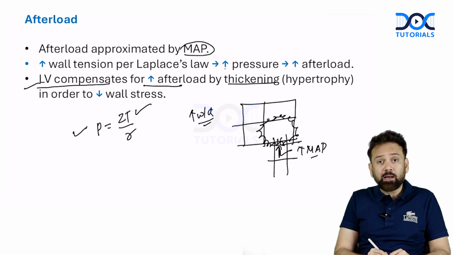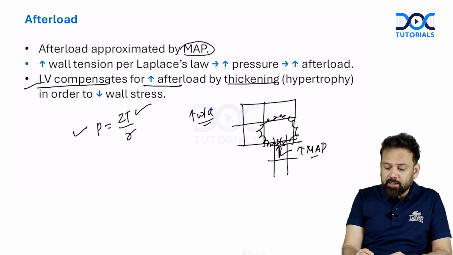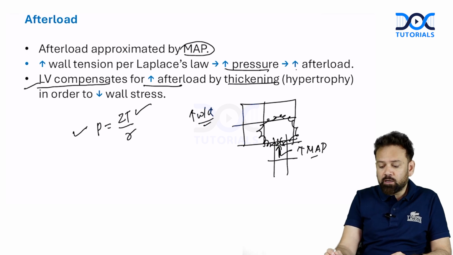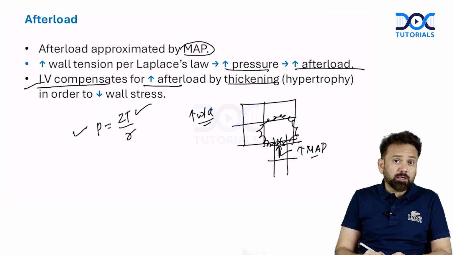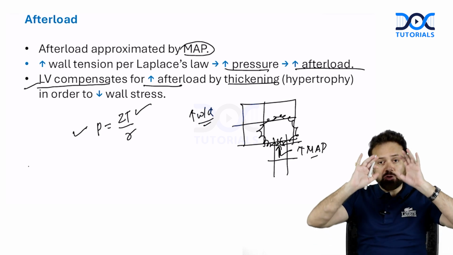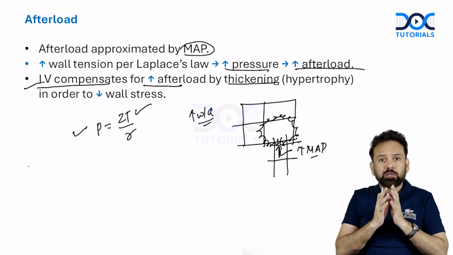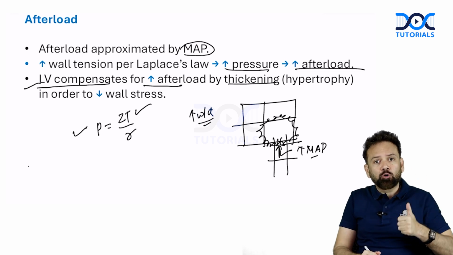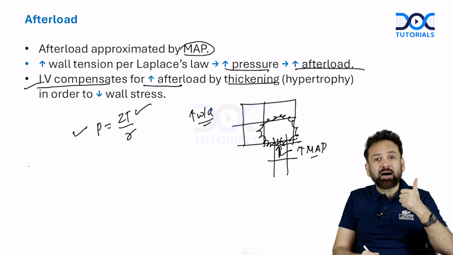There will be left ventricular hypertrophy. Only then can you decrease wall stress, because as per Laplace law, an increase in wall tension will increase pressure more and more, and that can increase afterload. That is why sometimes due to some stenosis there can also be an increase in afterload. So the main concept you have to remember after this whole discussion is: who is the indicator of preload and end diastolic volume? Who is the indicator of afterload? It is mean arterial pressure.